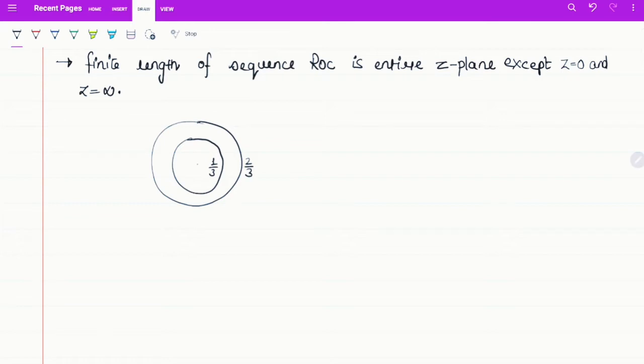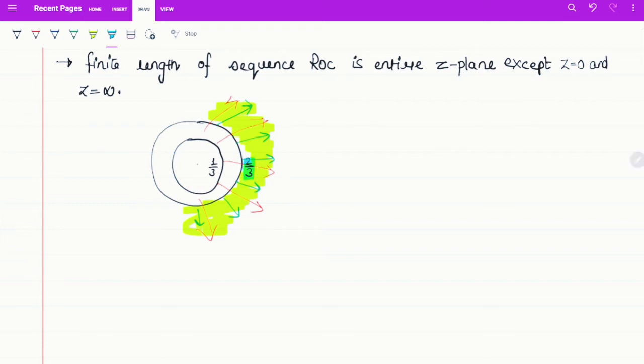For 1 by 3 the ROC is outside the circle, and for 2 by 3 also the ROC is outside the circle. Remember that we always consider the common ROC.